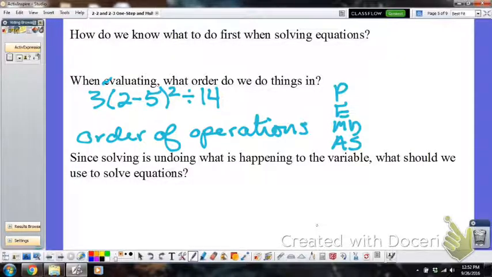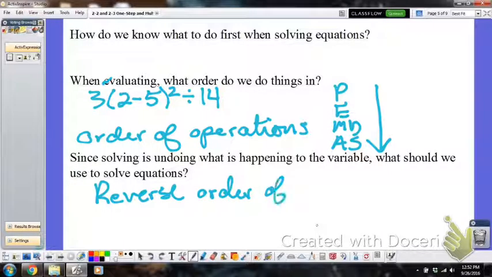If order of operations uses PEMDAS forward, when we're solving, we're undoing what is happening to the variable, we will use the order of operations backwards. So we will use the reverse order of operations.